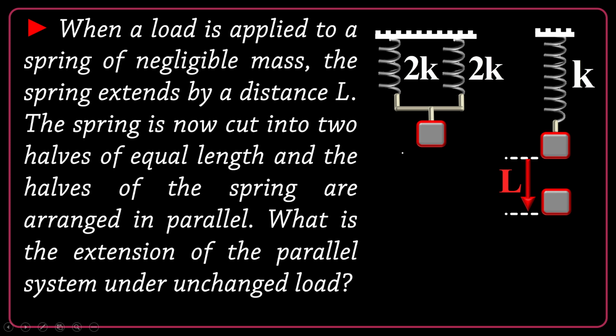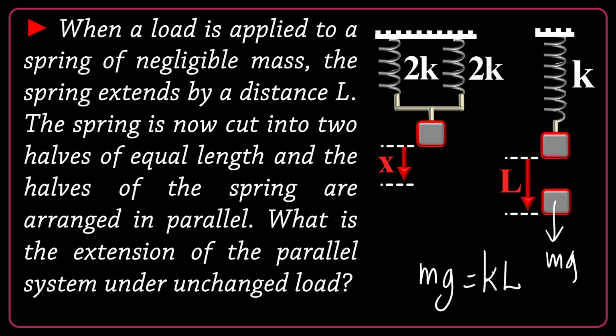Okay, it's not that complicated for you. Anyway, let's say the extension is x. I am gonna find the x in terms of L. How to find it? First of all, I know that here, let's say the load is mg. mg is equal to kL.